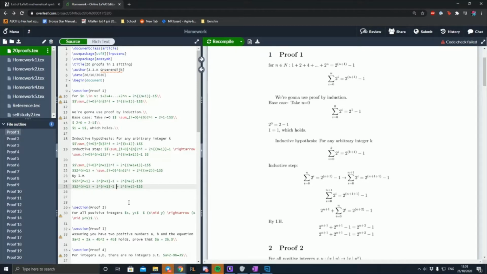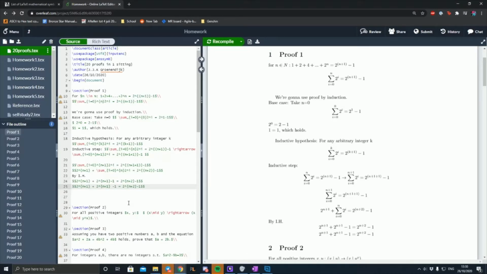So we want to end up with 2 to the power of n plus 2. So in that case, 2 to the power of n plus 1 plus 2 to the power of n plus 1.